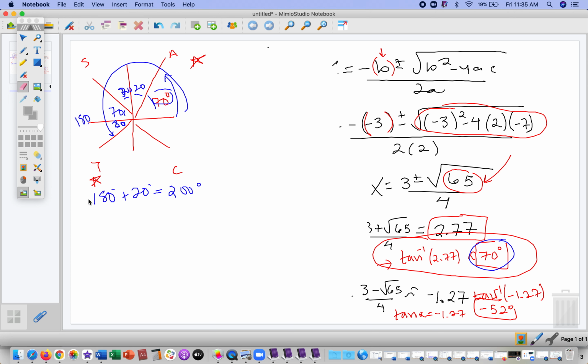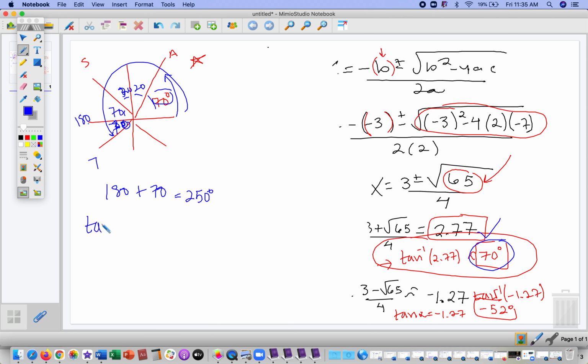Oh, sorry, I screwed something up. Let's see, 70 degrees, check. But if I reflect to get the other positive tan value, 70, 20, 20, 70, this should be 70. Sorry. So 180 plus 70, so we'll have 250 degrees.